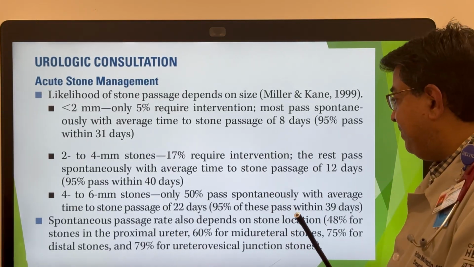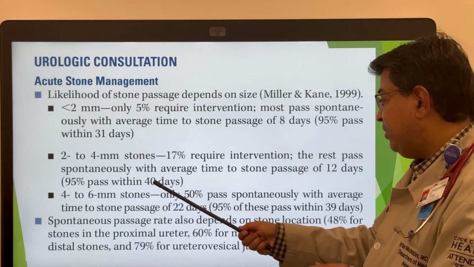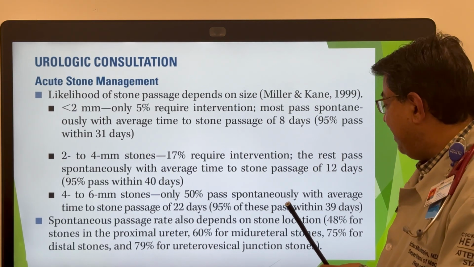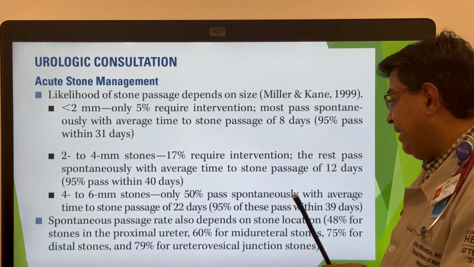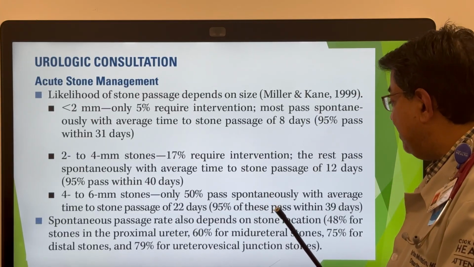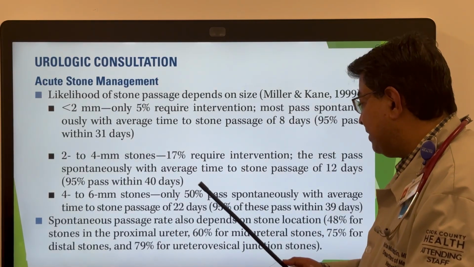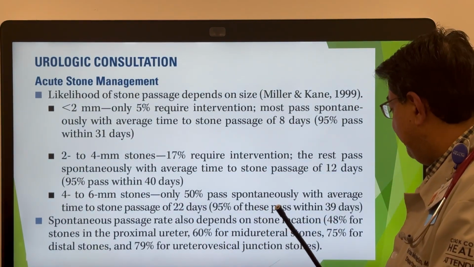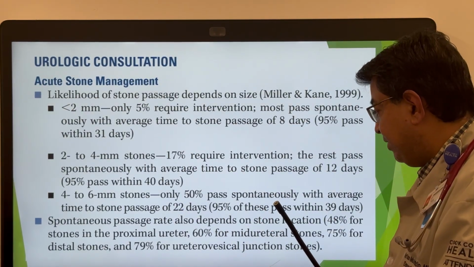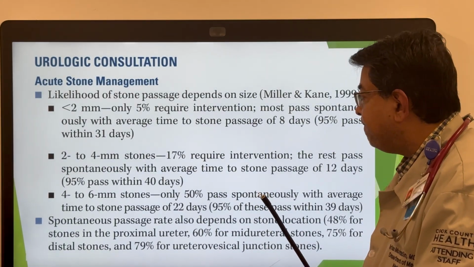The rest will pass spontaneously. 4 to 6 millimeter stones, only 50% will pass spontaneously, with an average time to stone passage of 22 days. Spontaneous passage rate also depends on stone location: 48% for proximal ureter, 60% for mid-ureter, 75% for distal stones, and 79% for ureterovesical junction stones. Next slide.